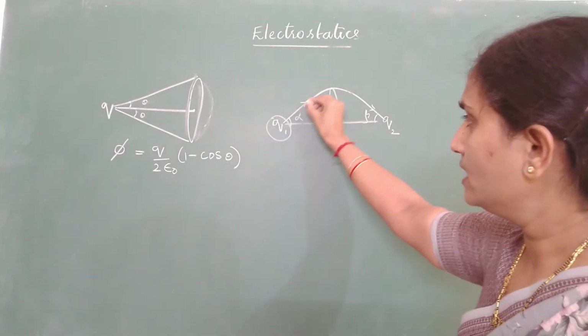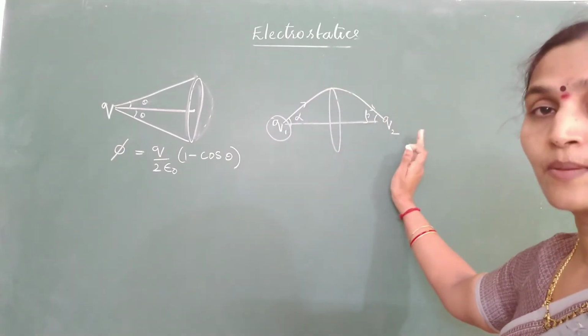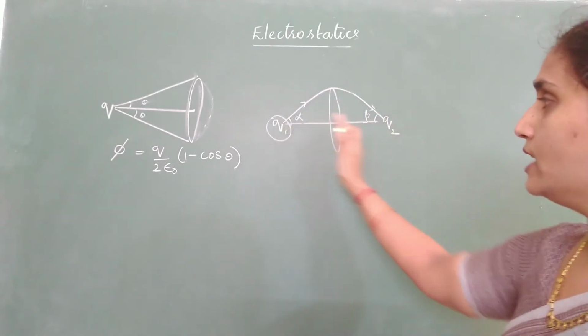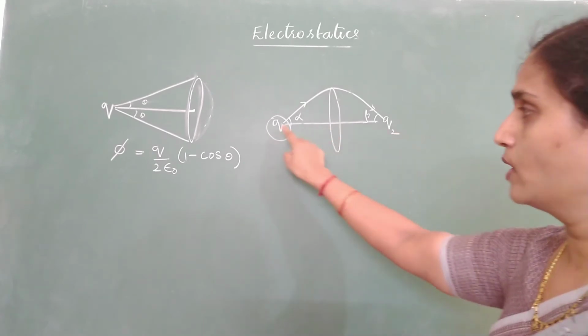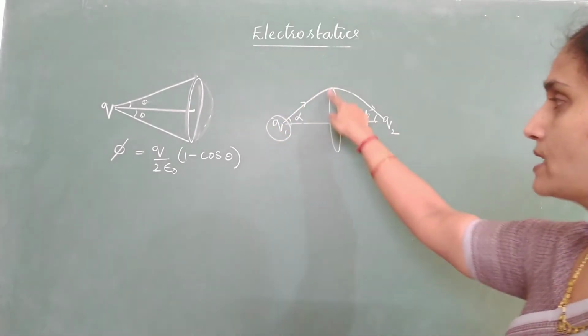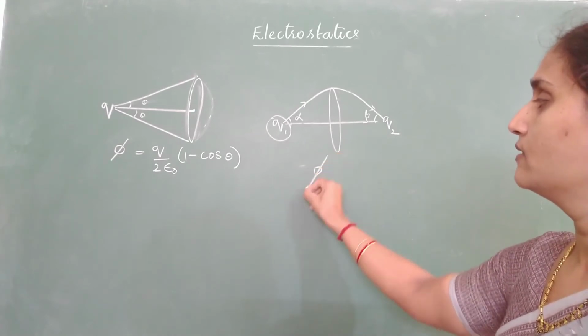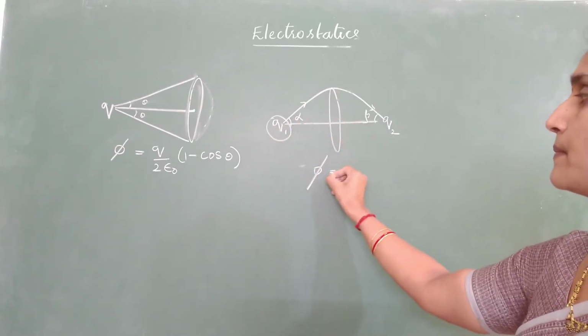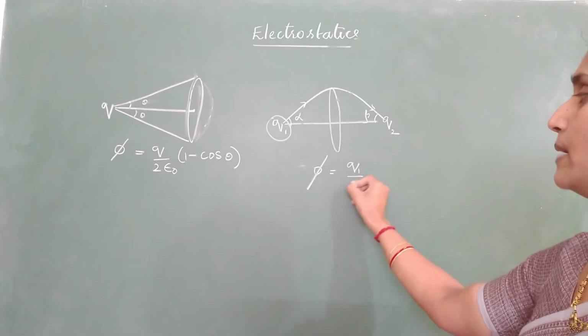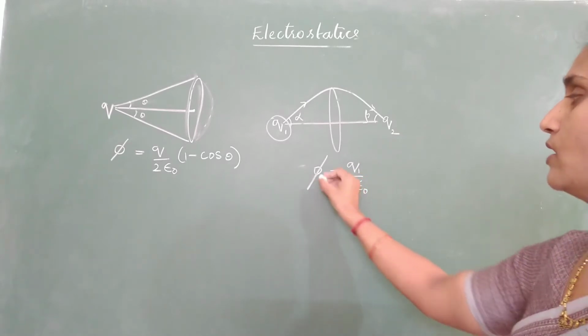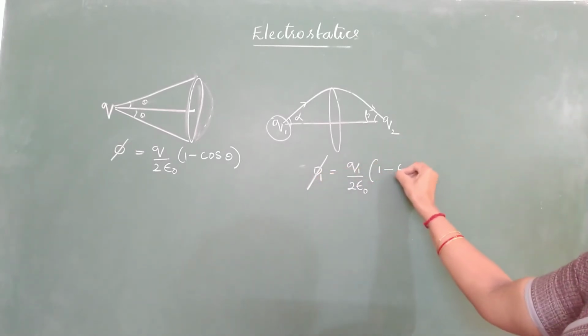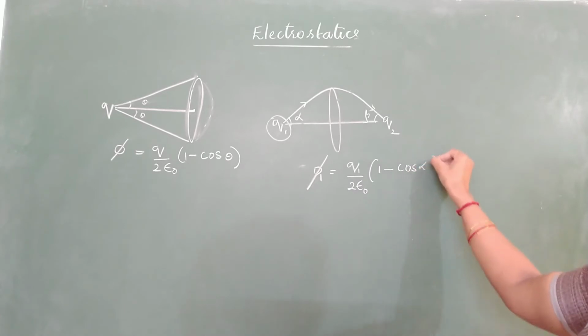See, the flux entering from this side is leaving from the other side. So I will equate the two fluxes. What is the flux emerging from Q1 passing through this disc? Phi 1, flux entering the disc, is Q1 by 2 epsilon naught into 1 minus cos alpha.